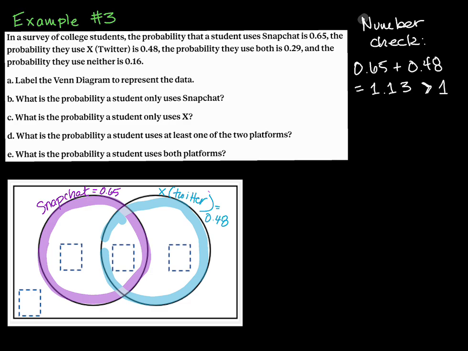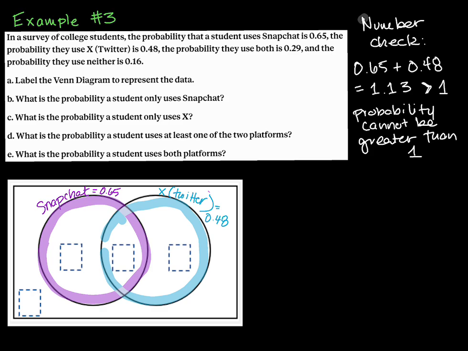So since we added two probabilities and got something greater than 1, that means they include some overlap.